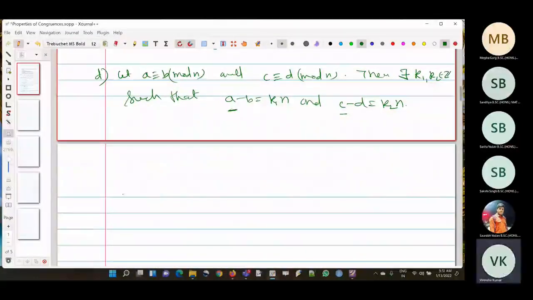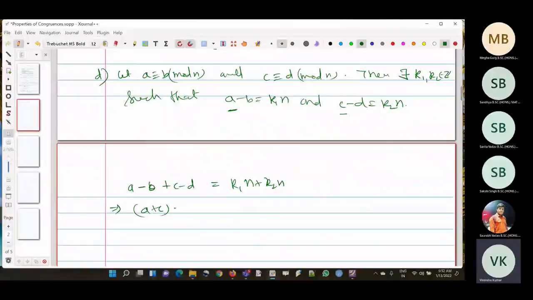Okay. So for this, let us sum them. A minus B plus C minus D, and this equals k1 n plus k2 n. And this implies that A plus C minus B plus D equals k1 plus k2 times n. Okay. Like this we can write.